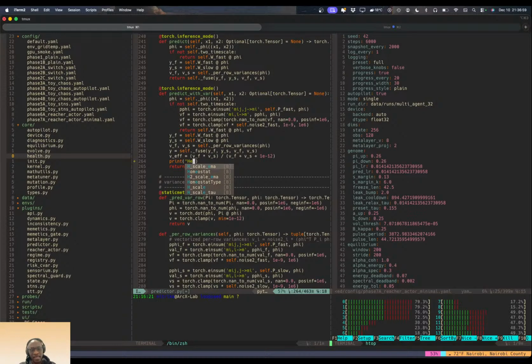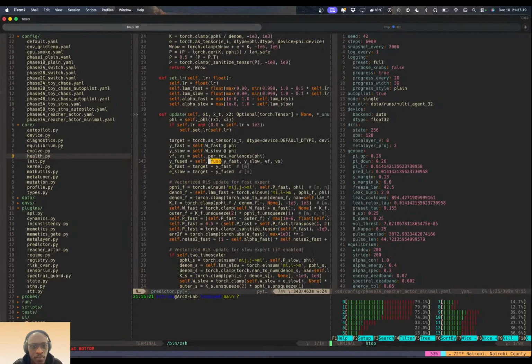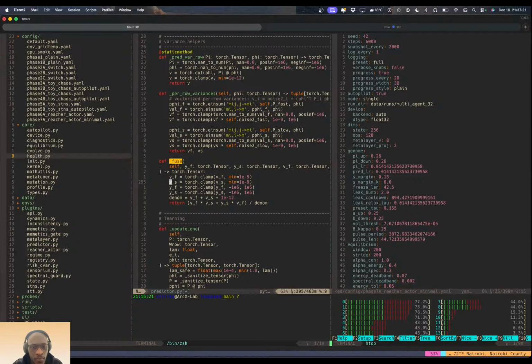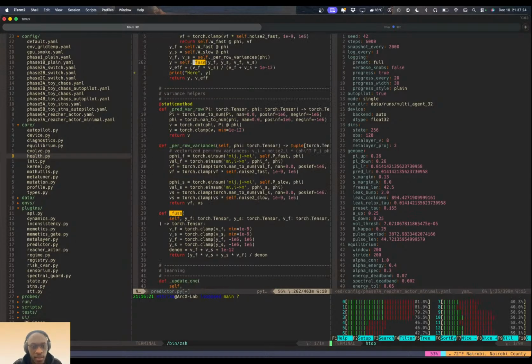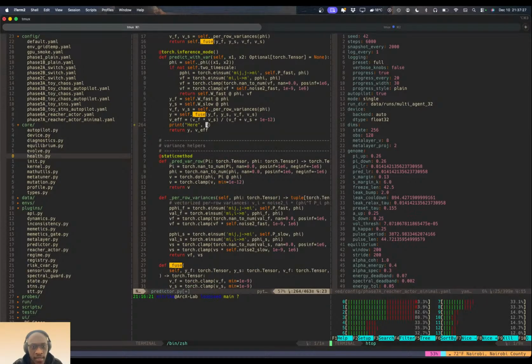By real, I mean richer. What I want to do here is the effective variance. Actually we want y, not effective variance, because y is coming from fused. Yeah, I think we need to see this, and ideally we will want variance by row.